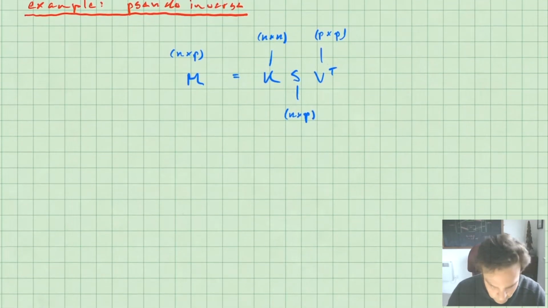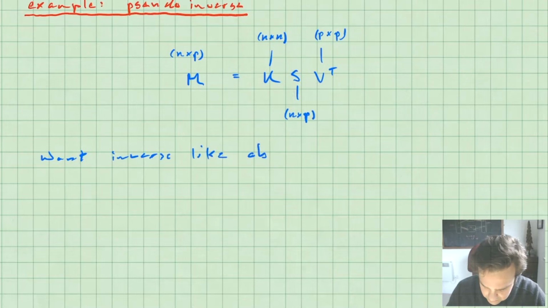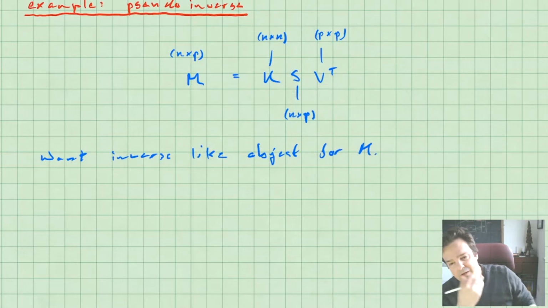And so what we want is something that's kind of like an inverse of M, an inverse-like object for M. And M is not going to have an inverse in the normal way, because what you need for an inverse is that a matrix times its inverse gives the identity matrix from either direction.